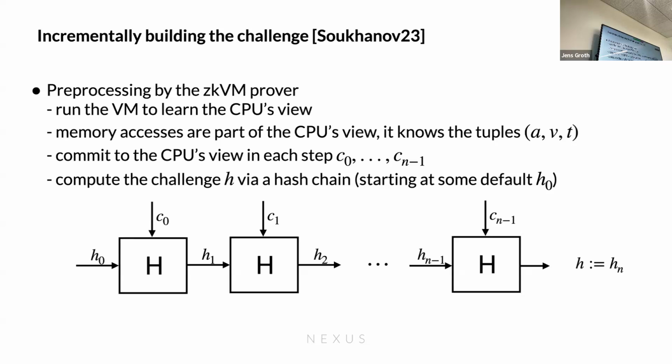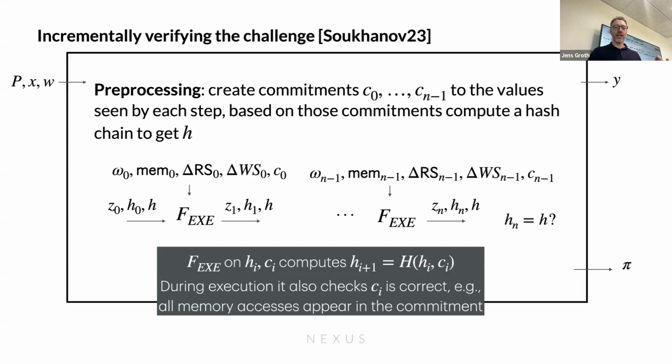Why are we computing it in this particular way? The reason is that this is something we can actually verify along the way. When we do incremental verifiable computation, we give the challenge as input in the first step. We've run first and passed through, we've got the challenge, and now we feed it as an extra input to the incremental verifiable step function.